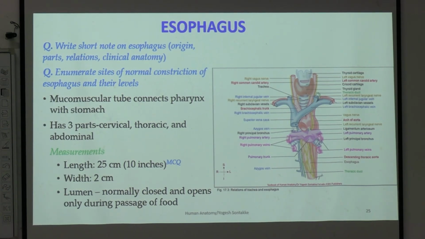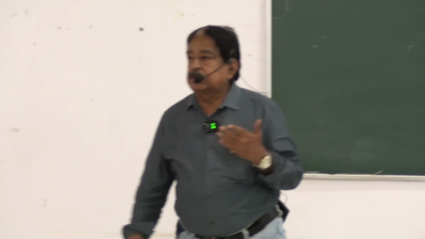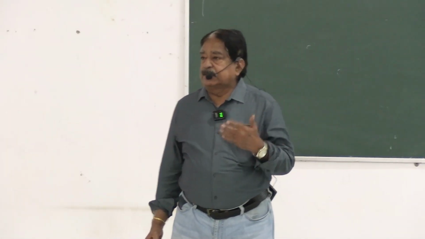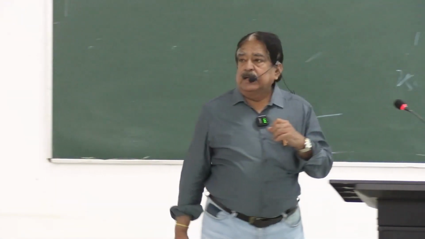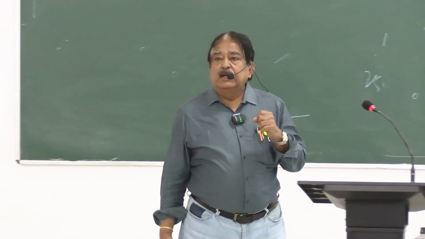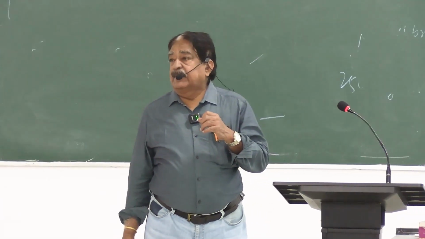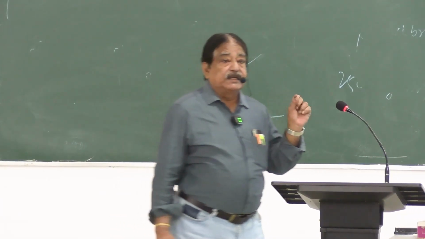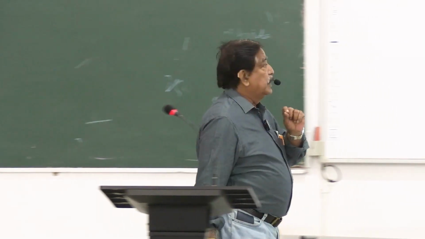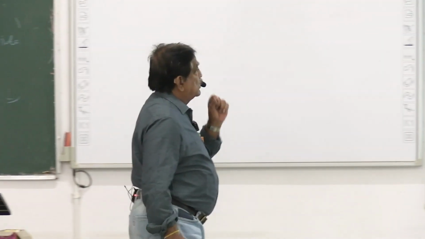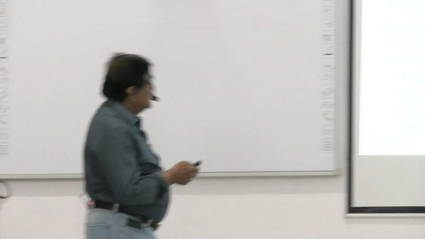If there is any growth or malignancy or some pathological changes in the esophagus, then there might be difficulty in swallowing, because there might be a constriction. That's why it's written: normal constrictions of the esophagus and their levels.